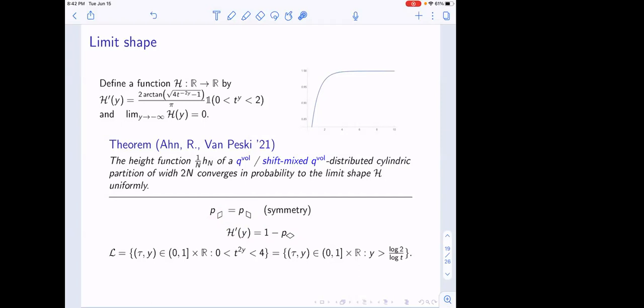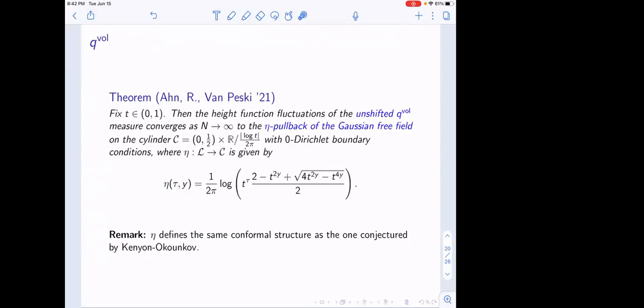So it is clear from this formula that the liquid region is given by this set. Okay, so we know the limit shape, we know the liquid region, so we can talk about the results for the fluctuations of the height function.